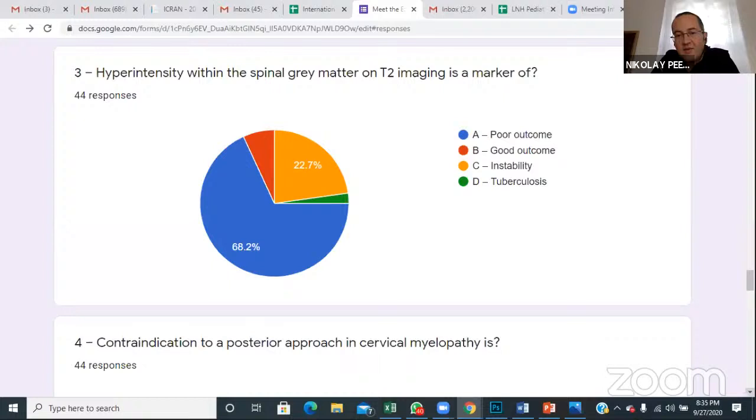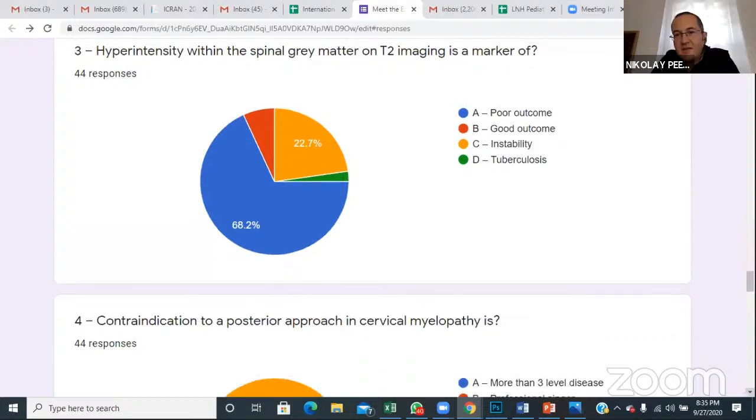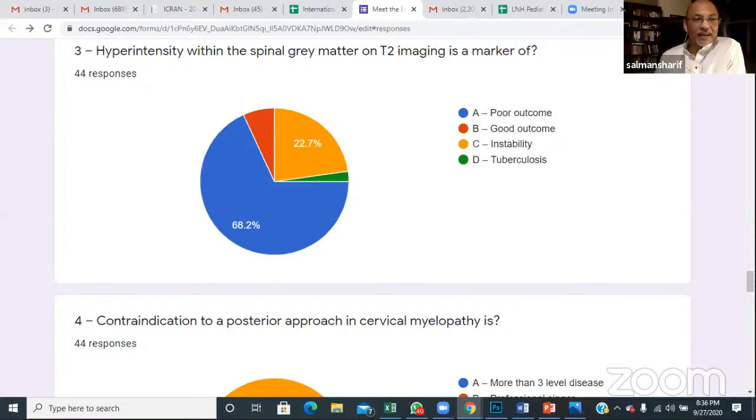Yes, I agree with you. However, T2 hyperintensity is also a marker that suggests that something bad is happening with the cord. But it's not an indicator of poor outcome with surgery, though.